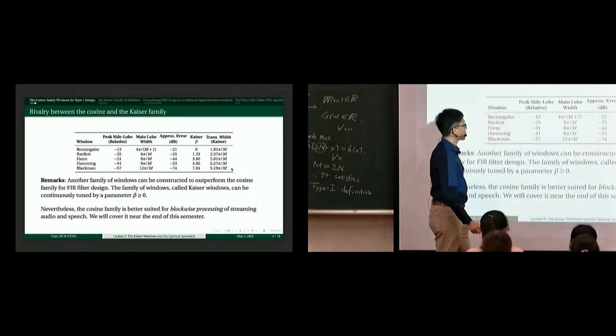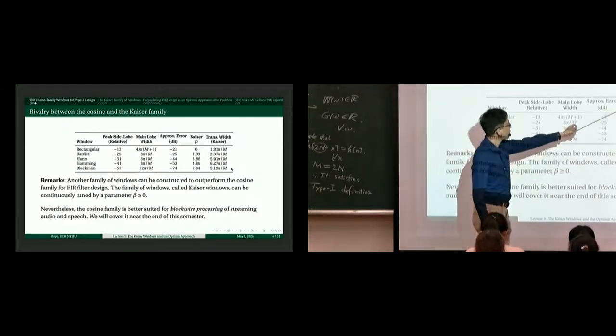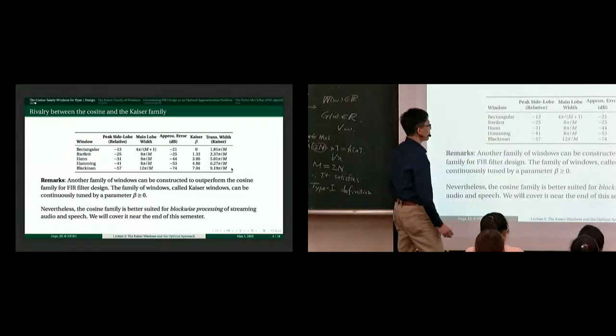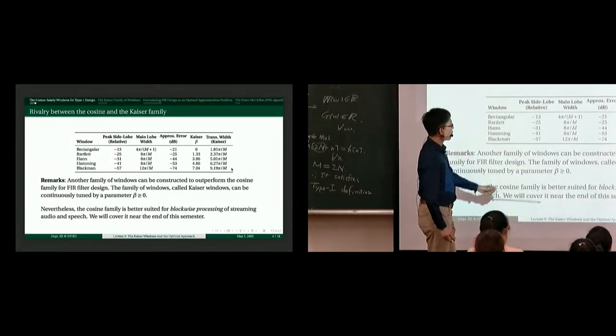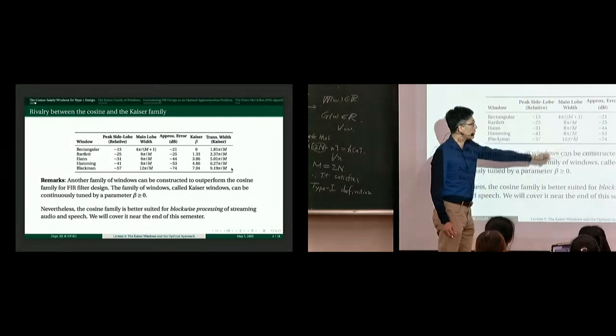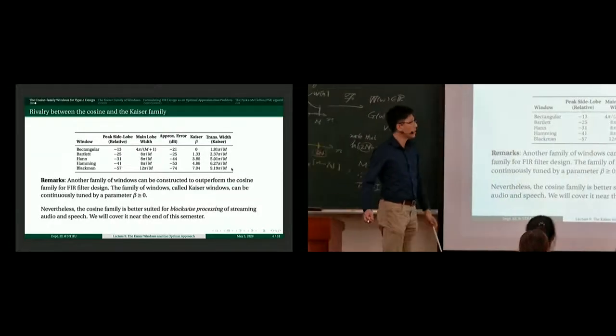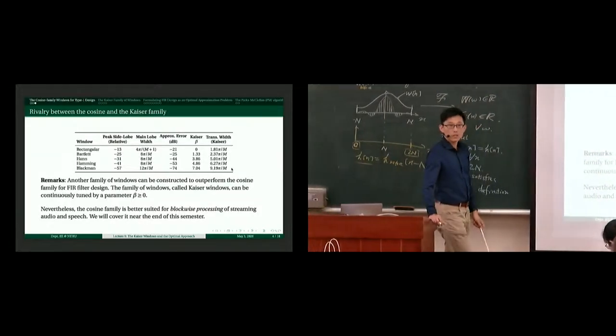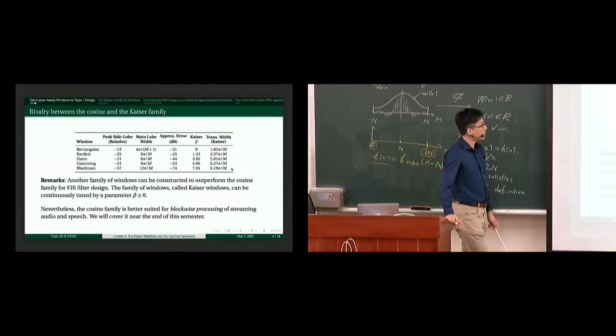For the Kaiser family of windows, you can directly control the largest approximation error continuously. So beta now is a real number, and this family of windows is parameterized by one continuous parameter beta.